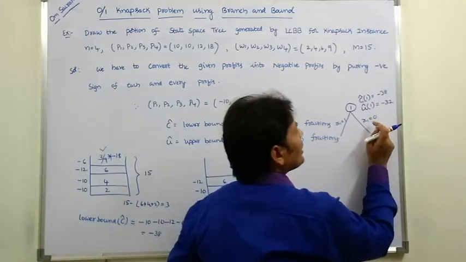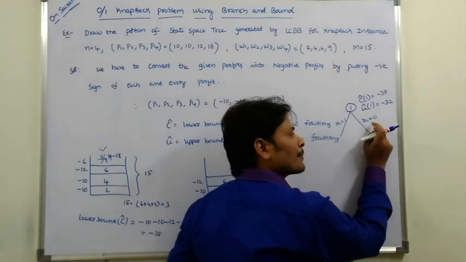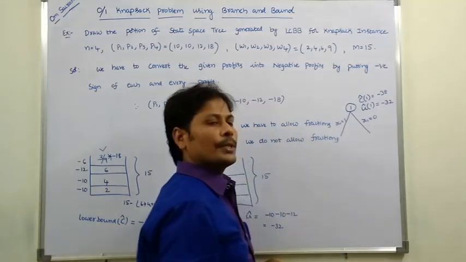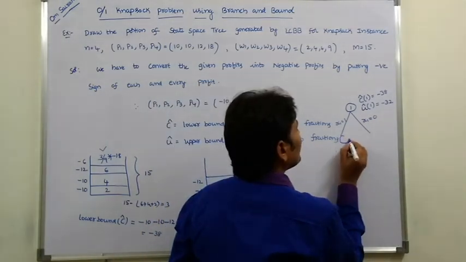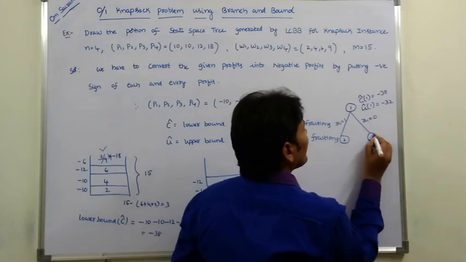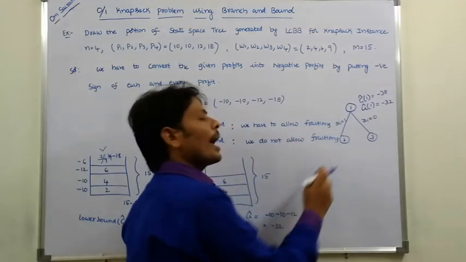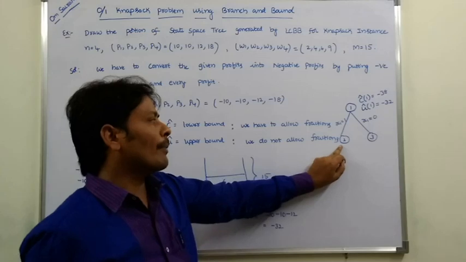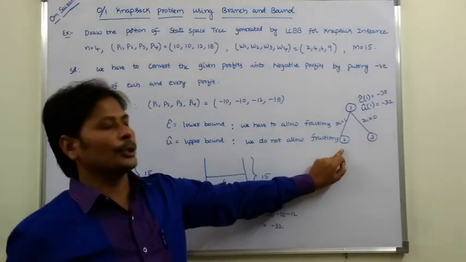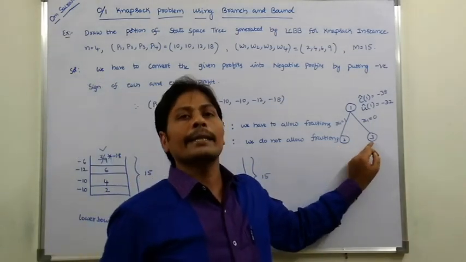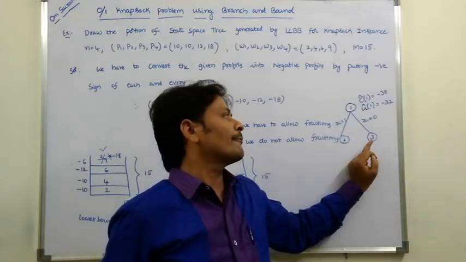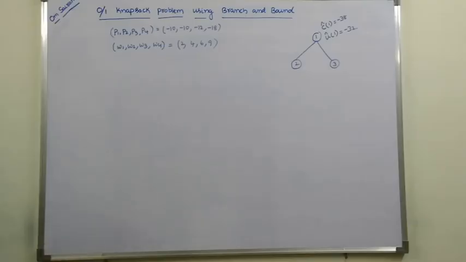If we do not place the object into the knapsack, X1 is equal to 0. So now node number 2 and node number 3. Again we have to calculate upper bound and lower bound for node 2 and for node 3.